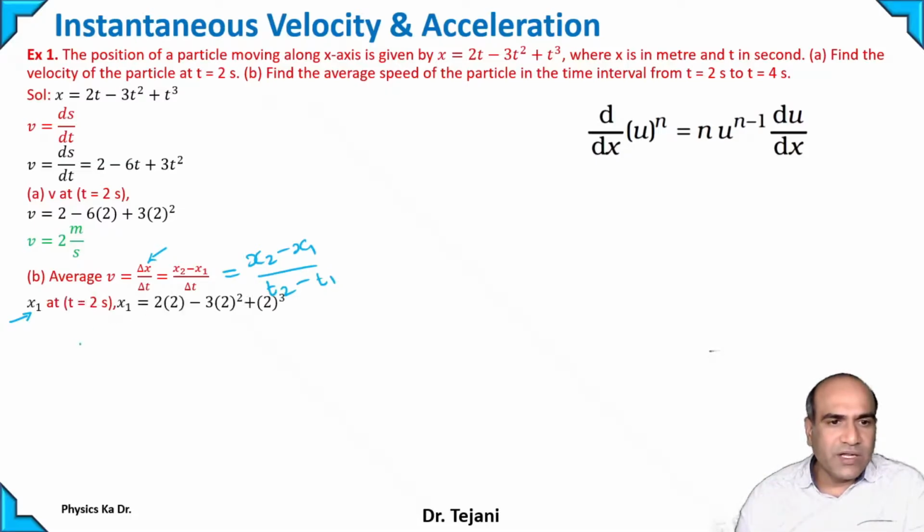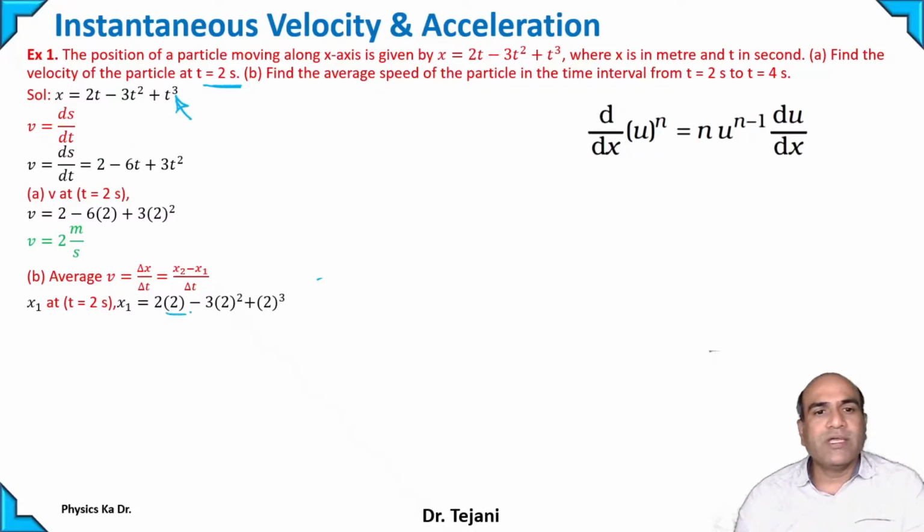So here we need x1 as well as x2, t1 as well as t2. So x1 is given at t is equal to 2 second. Put this value in the equation we have to use now: 2t minus 3t square plus t power 3. So x1 is equal to 0 meter.